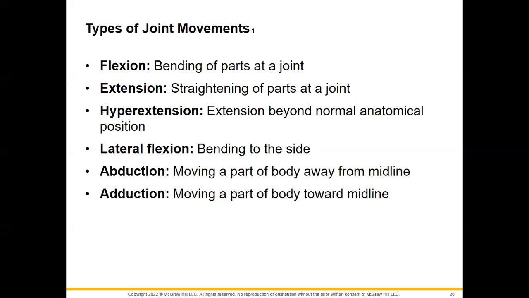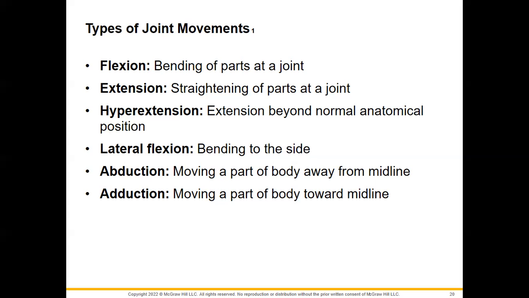Anything beyond that extension is considered hyperextension. That's anything that's beyond that normal anatomical position. So when you see people standing up and their knee joints go backwards, that is hyperextension. Or when you lean back, so instead of flexing at the hip joint, you lean back, that is a type of hyperextension.